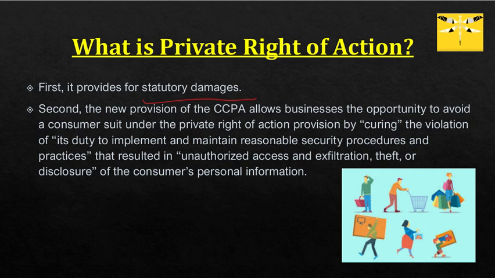In this scenario, statutory damages eliminate that hurdle of quantifying the damage by dispensing with the need to prove actual damages. A plaintiff's attorney may be more likely to bring a class action lawsuit on behalf of groups of data breach plaintiffs with this new tool in hand that the CCPA Act has given them.